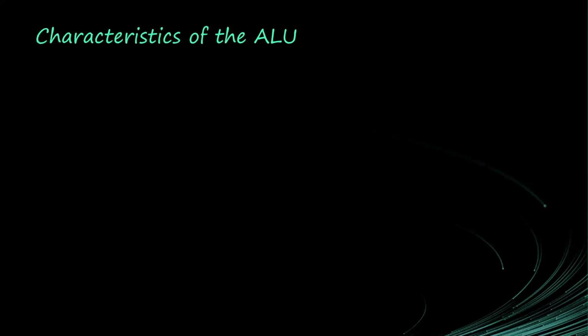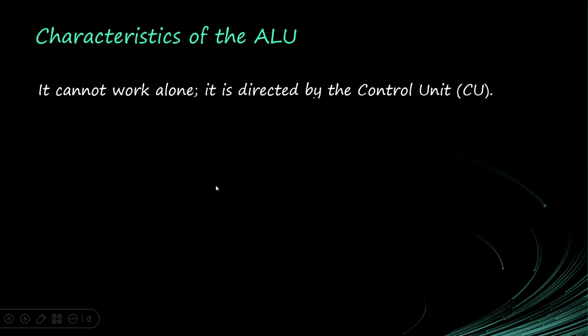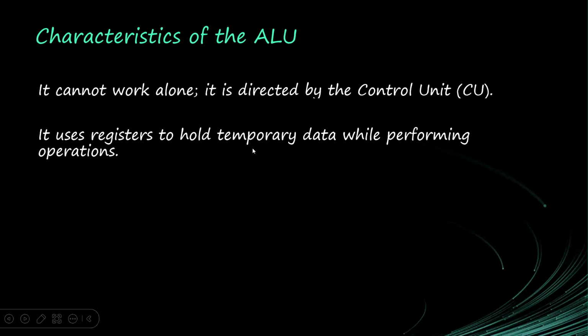So, characteristics of the arithmetic and logic unit: it cannot work alone. None of the parts of this computer can work alone. They need each other. It gets instructions from the control unit. It uses registers to hold temporary data while performing operations.